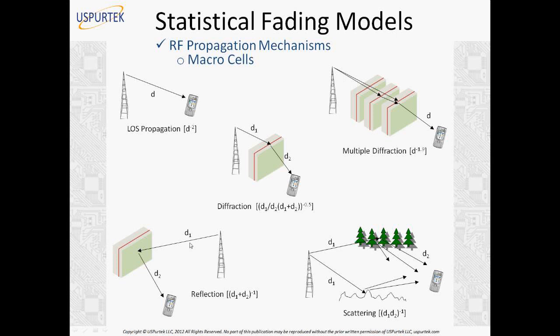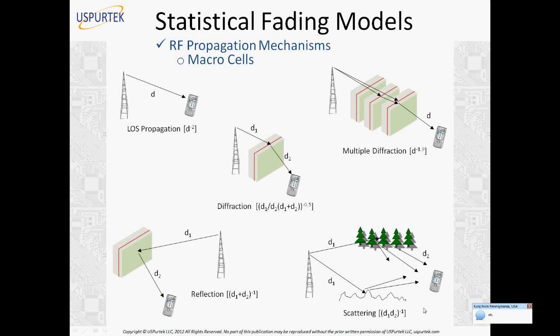And you could have a reflection too, a reflected signal traveling a distance d1 from the cell tower to the face of the building, and then a distance d2 to the handset. In this case, the signal power decays with a negative exponent, minus 1, of the sum of distances d1 plus d2. These data are related to signal power, how it decays with all these different phenomena.